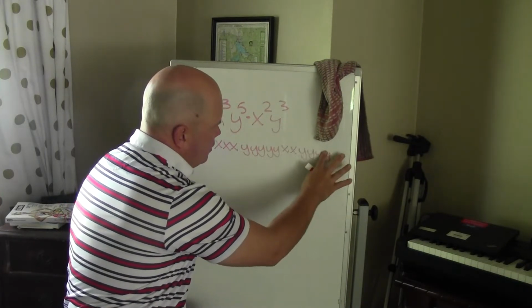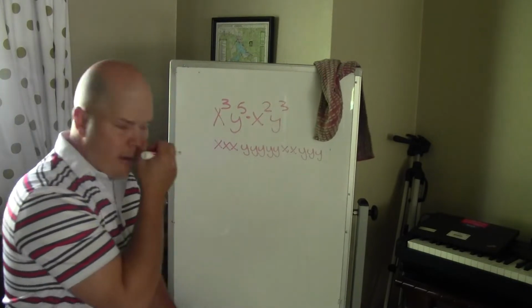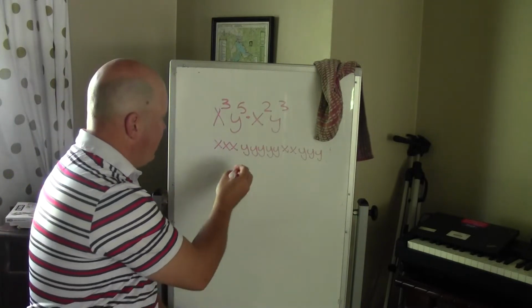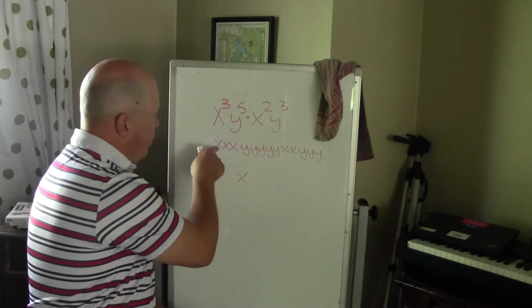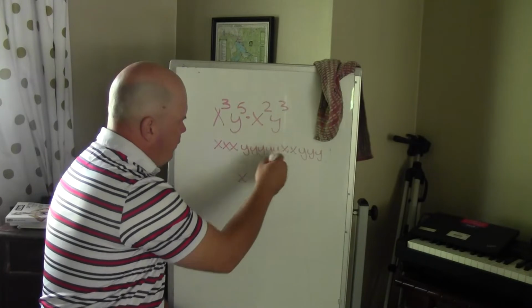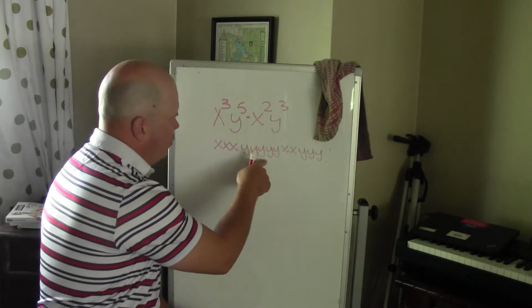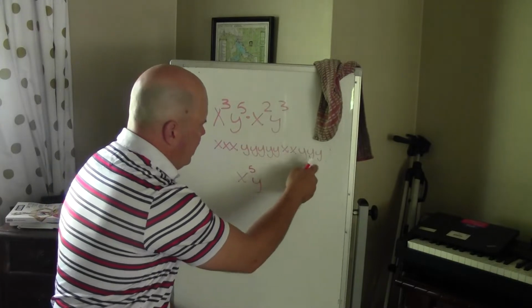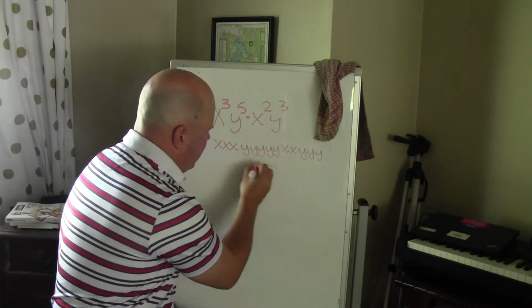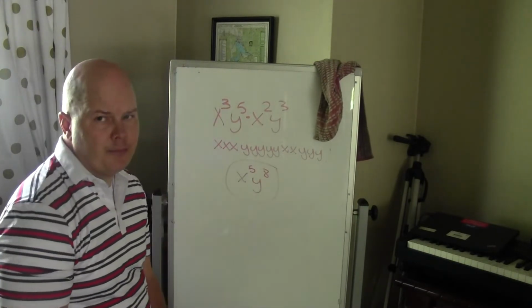Oops, y only three times. When I simplify that back, I have 1, 2, 3, 4, 5 x's, so x to the fifth, and 1, 2, 3, 4, 5, 6, 7, 8 y's, y to the eighth, and that would be my answer.